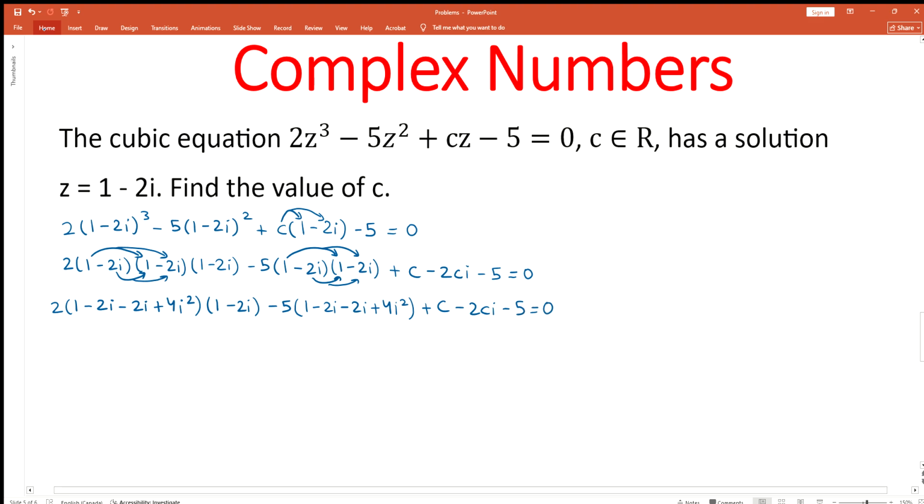Next, we can combine like terms in the parentheses. Negative 2i minus 2i is equal to negative 4i. i squared is equal to negative 1. So we should replace i squared with negative 1.